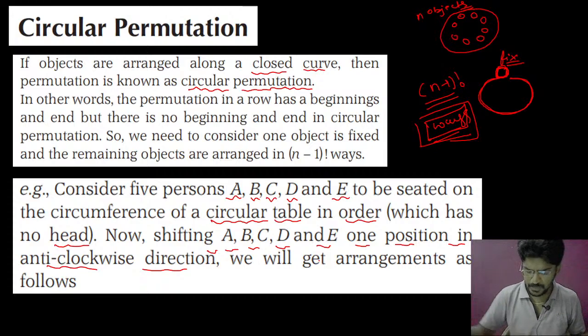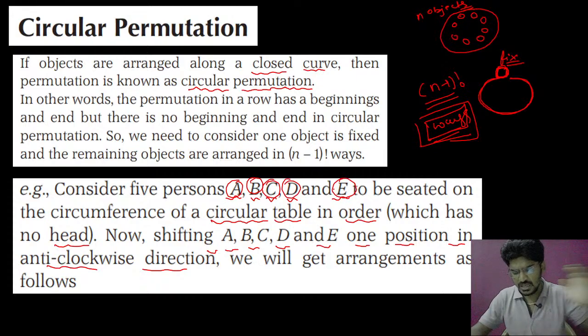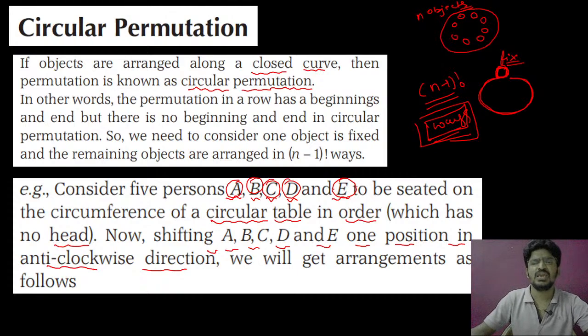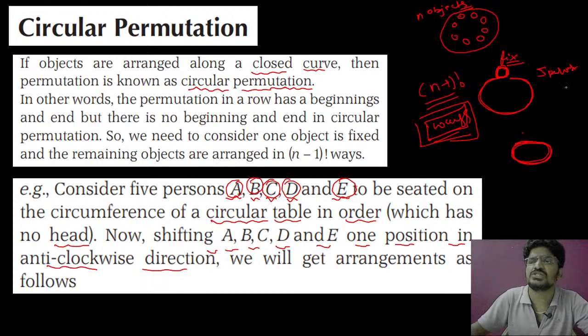I have 5 persons named A, B, C, D, E. Now I want to make them sit at a circular table, in a circular shape. You have 5 persons, which means one person has to be fixed.